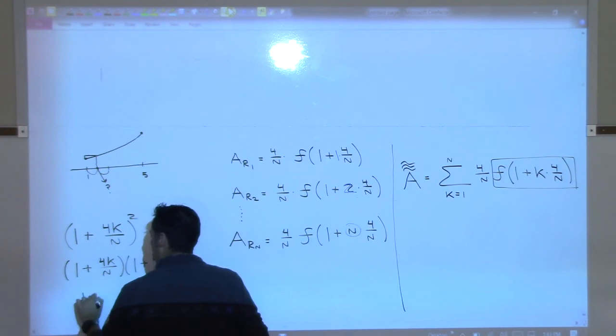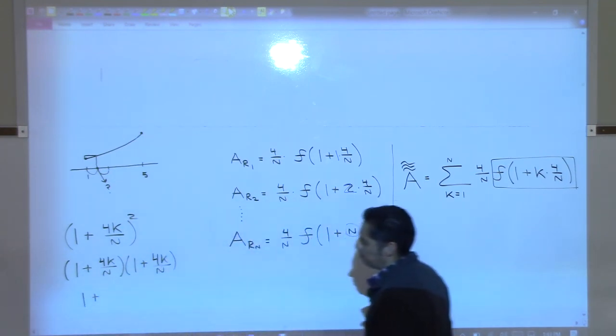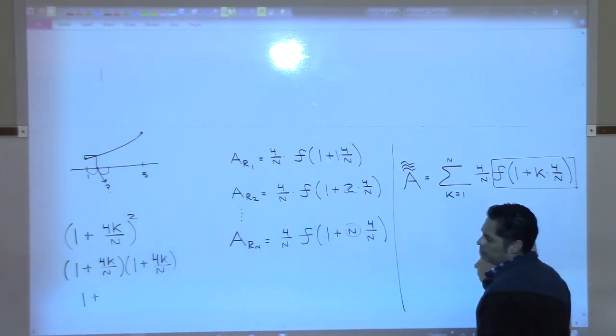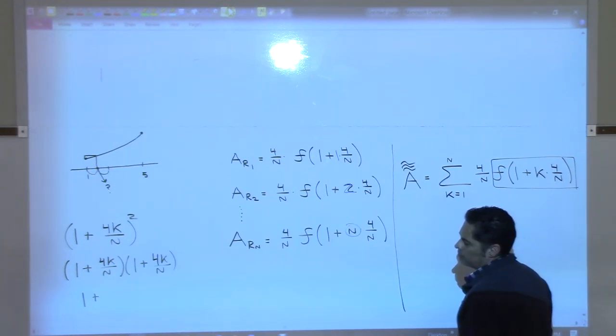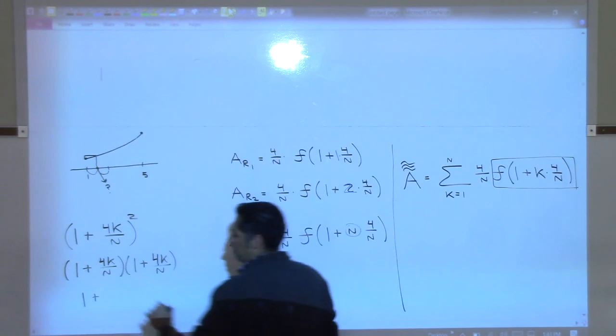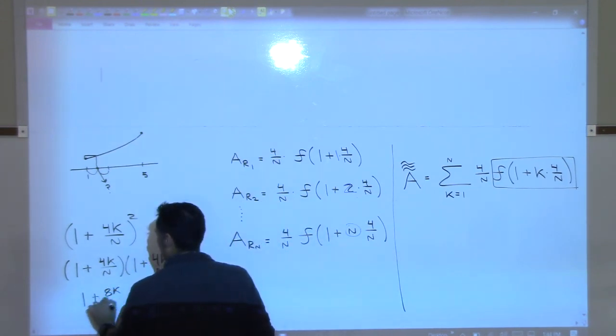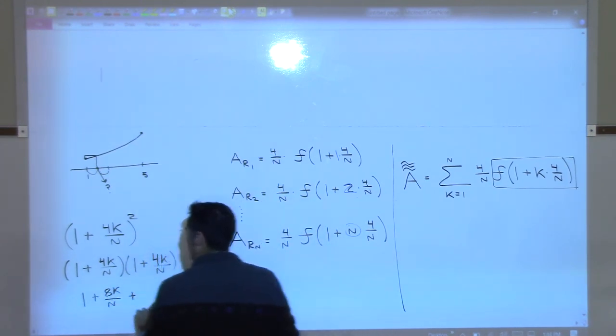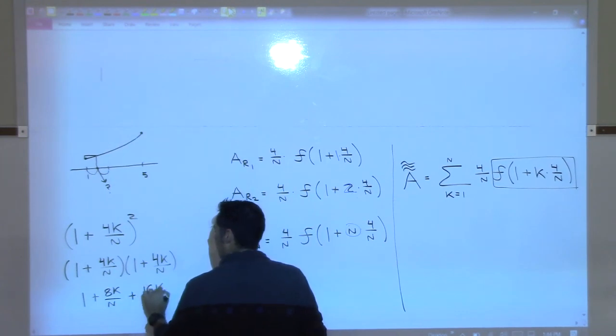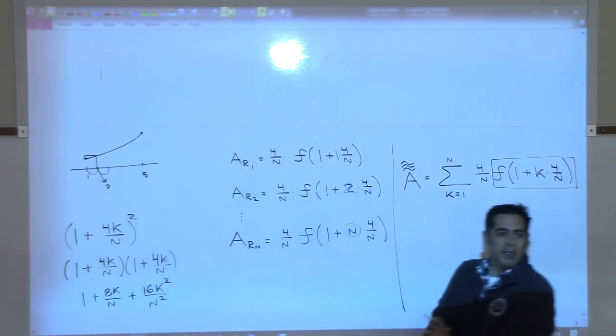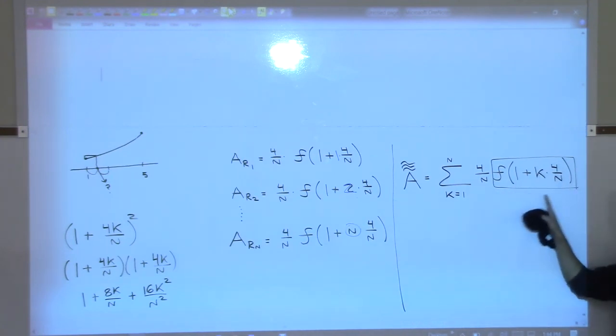So we should get 1 plus what? 1 plus 2 times 4, 8k over n, and then plus 16k squared over n squared. So that should be what we get when we actually plug this into the function. And now I can come back up. You understand? Just FOIL that out.